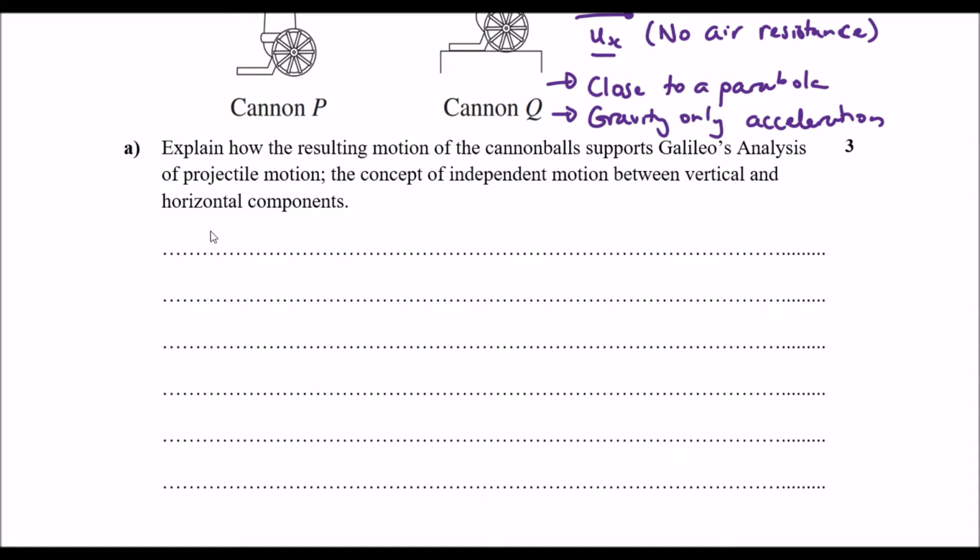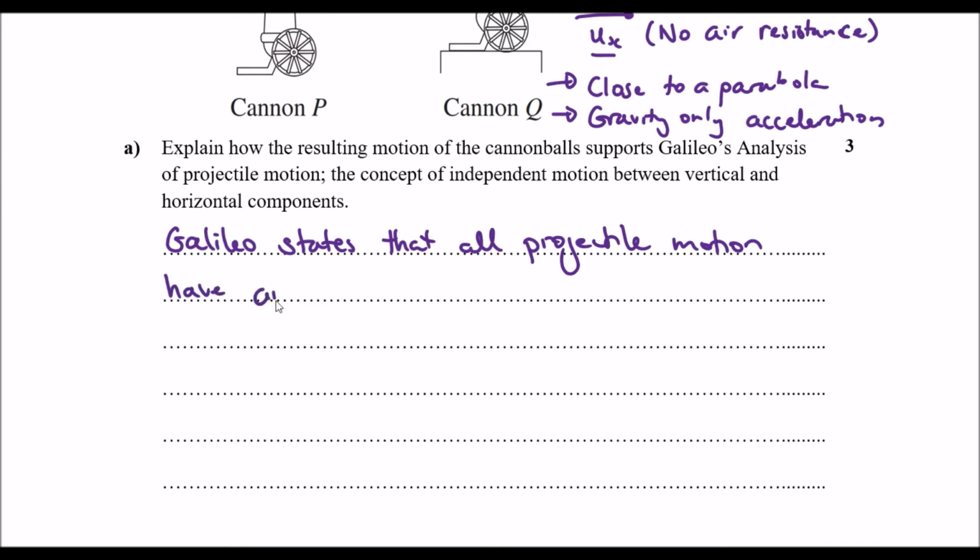So we can firstly state the fact that Galileo states all projectile motion has an independent horizontal and vertical motion.